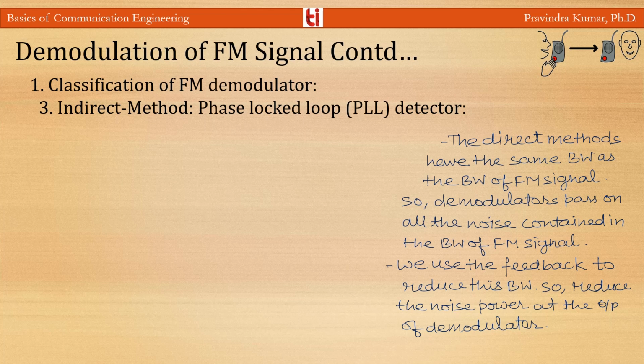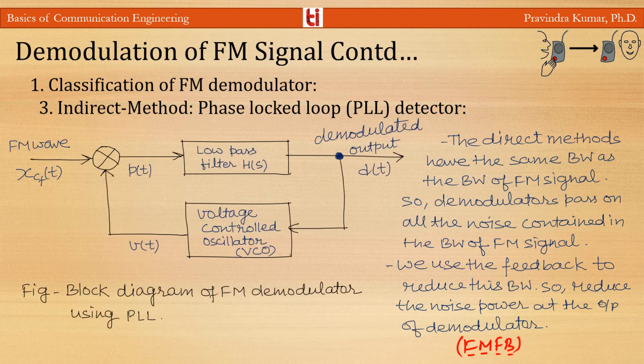Using feedback to reduce this bandwidth and so reduce the noise power at the output of the demodulator is one way to handle this problem. Such an approach leads to what is known as an FM demodulator with feedback, and a demodulator using this approach is known as a phase locked loop.